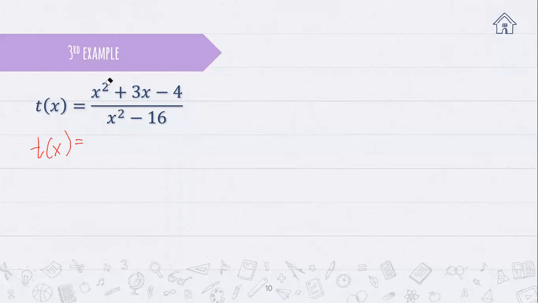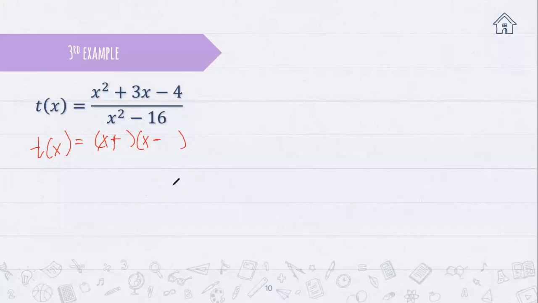So ano yung factors ng x squared plus 3x minus 4? So ano nga ba ang factors ng negative 4 na kapag pinag-add natin, the answer would be positive 3? More probably it's negative.